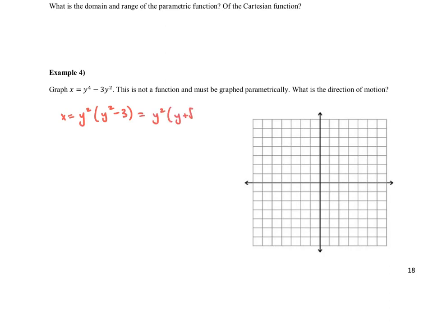This gives us y squared and then the quantity y plus root 3 and y minus root 3. So in other words, x is 0 when y is 0, and negative root 3 and positive root 3.